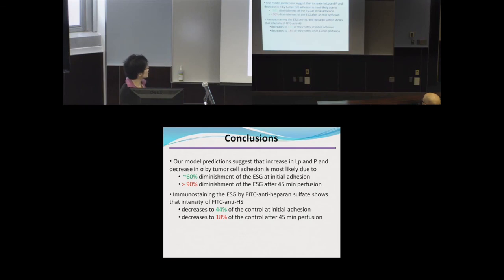Our model predicts that the increase in LP and solute permeability and the decrease in reflection coefficient to solute by tumor cell adhesion is most likely due to the 60% degradation of surface glycocalyx in the initial adhesion and the 90% degradation after 45-minute perfusion. And we use immunostaining with fluorescence. This matched very well: still that 44% and that 18%.